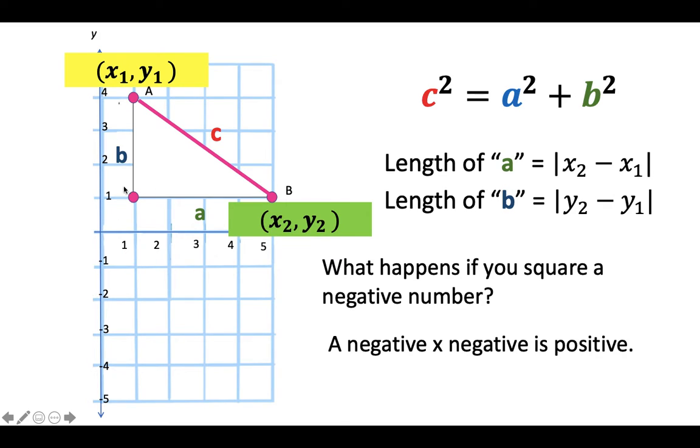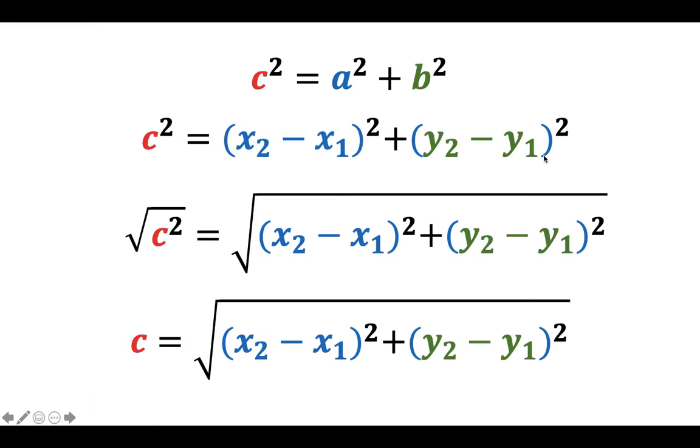And the length of the up and down is how far you have to go to get from the second point to the first point just vertically, right? And so there's absolute values around that to make sure it stays positive. So it's x2 minus x1 for the side-to-side, but it's a positive distance. It's y2 minus y1 for the up and down, but it's a positive distance because distance is never negative, right? Distance is never negative. And that's what this is talking about. A negative times a negative is always a positive, which is why we're squaring things.